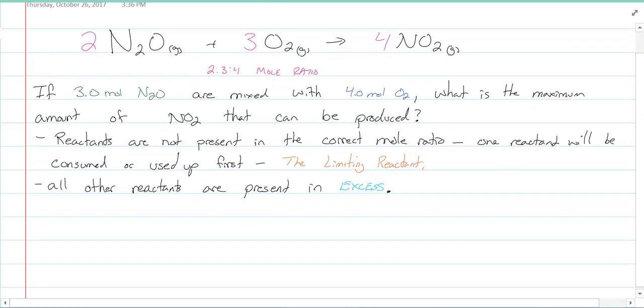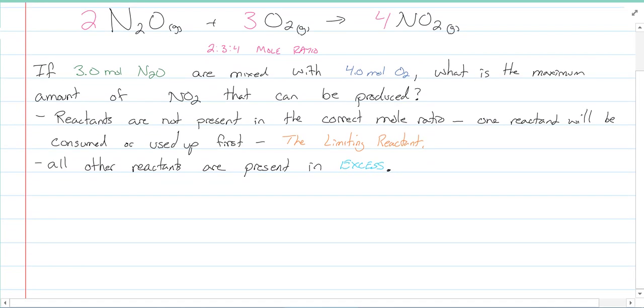In this case, how would we find which one's the limiting reactant? Well, I'm going to start with each. I have to use each. 3.0 moles of N2O, I'll have to perform my stoichiometry here. Moles of N2O on the bottom, moles of product NO2 on top, mole ratio 2 N2O, 4 NO2.